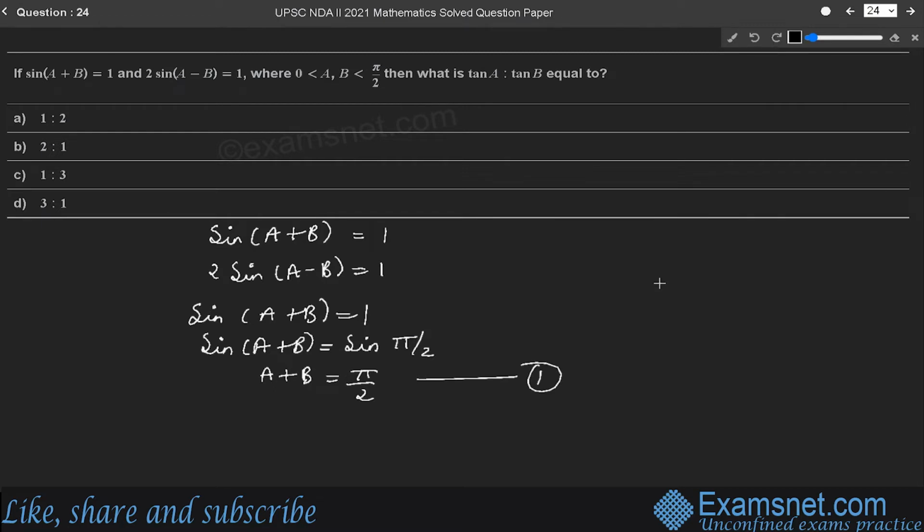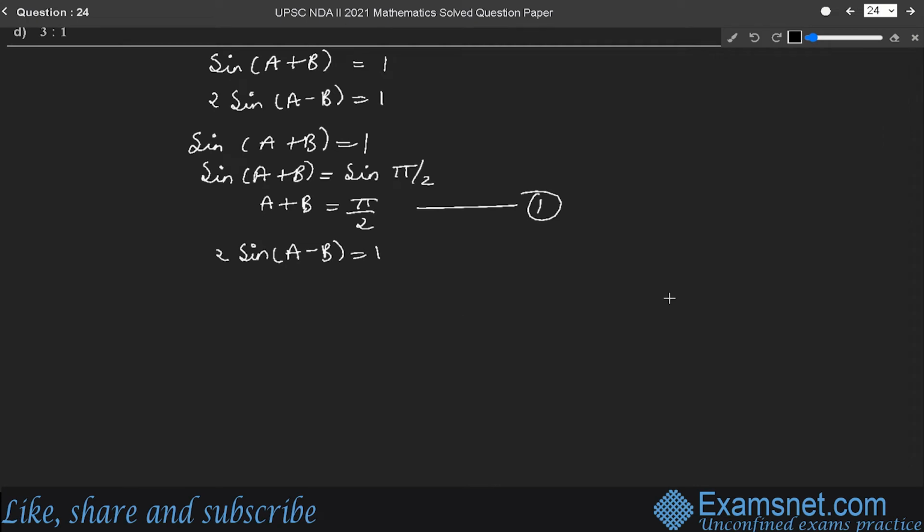Similarly, for the second part, 2 sine a minus b is equal to 1, it can be written as sine a minus b is equal to 1 by 2. So sine a minus b is equal to sine pi by 6, because we know that sine pi by 6 is 1 by 2.